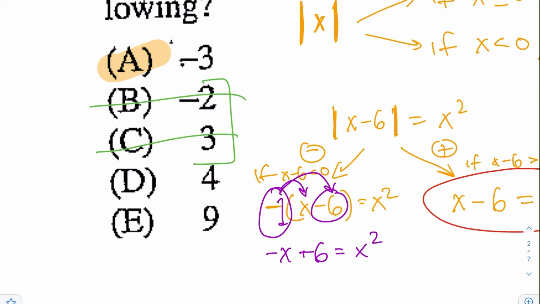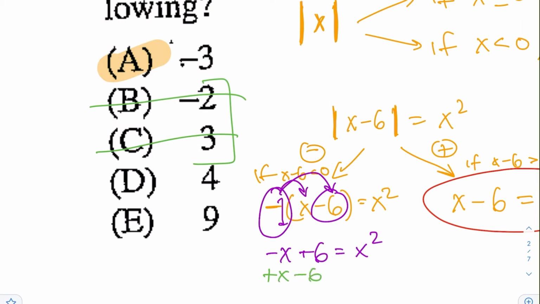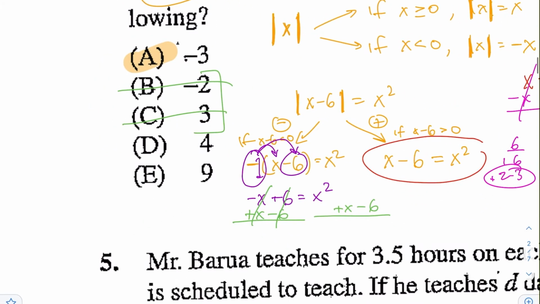So again, you have to solve this quadratic. This time you can add x and subtract 6 to both sides. And when you do that, you end up with the quadratic 0 is equal to x squared plus x minus 6. So again, you want the factors of 6. This time it's negative 6.